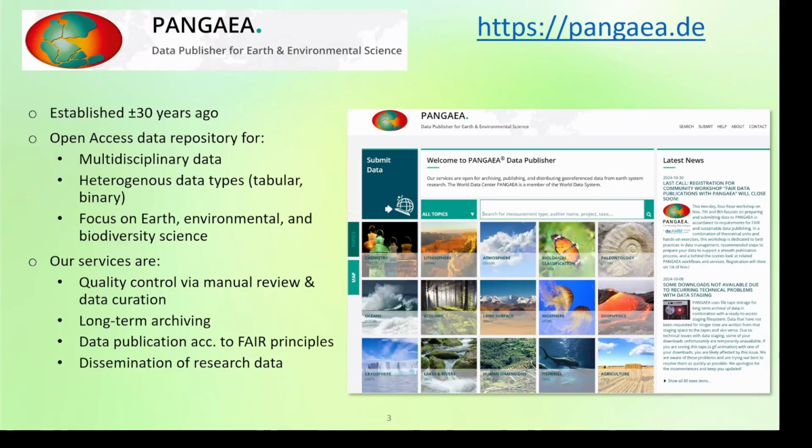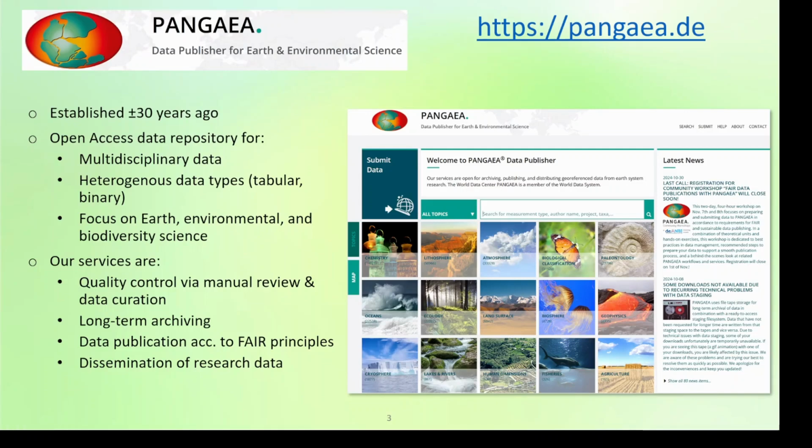Just to give a short overview, what is PANGAEA? It's a data publisher for Earth, environmental and biodiversity science data. It was established already 30 years ago, and it's an open access and free of charge data repository for multidisciplinary data.